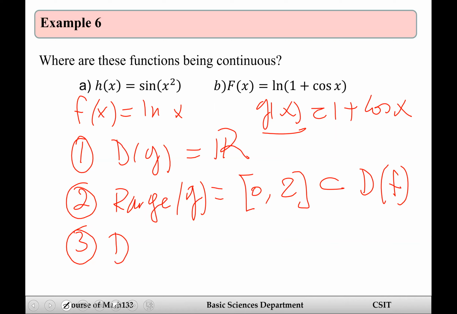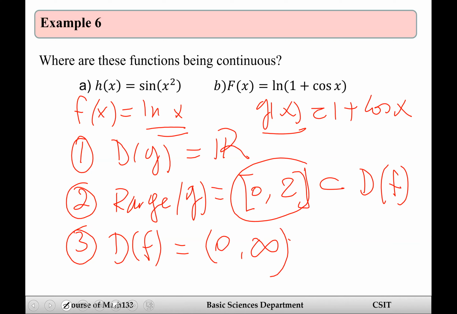What is the domain of small f? This is the logarithm function, so it is (0, infinity). I need [0, 2] included in (0, infinity). This is not possible unless we remove this closure for 0, make it open.